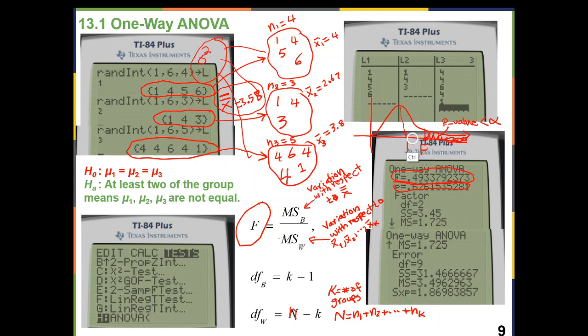Now how much bigger than 1 it gets determines our p-value. If it gets big enough, then we reject. What do I mean by big enough? Big enough so that the p-value is smaller than alpha. Then we reject.